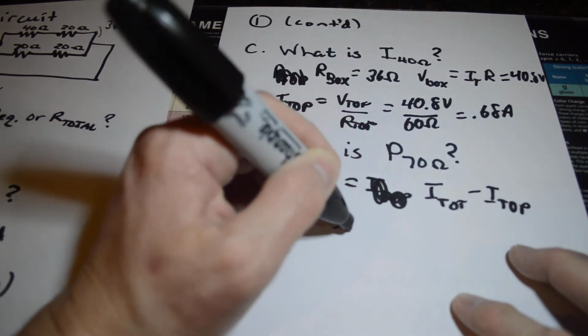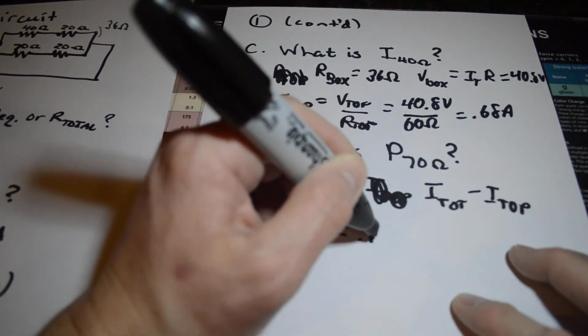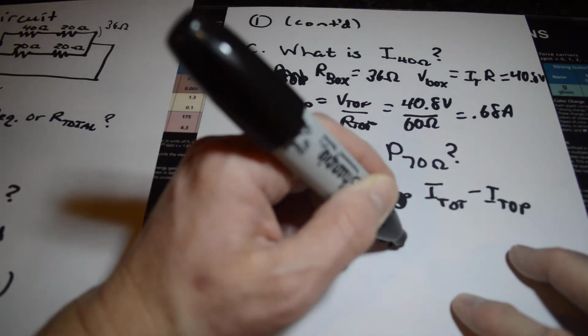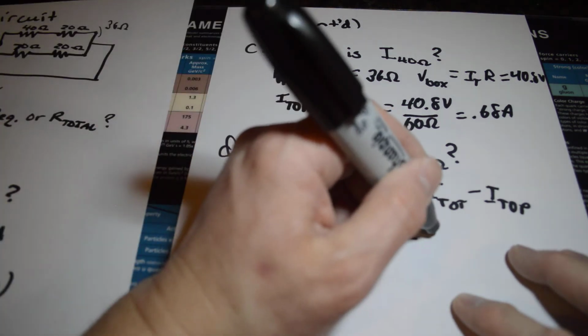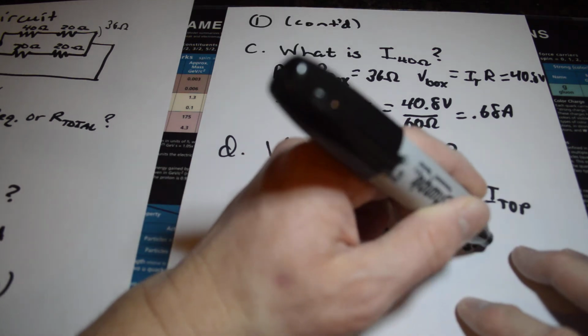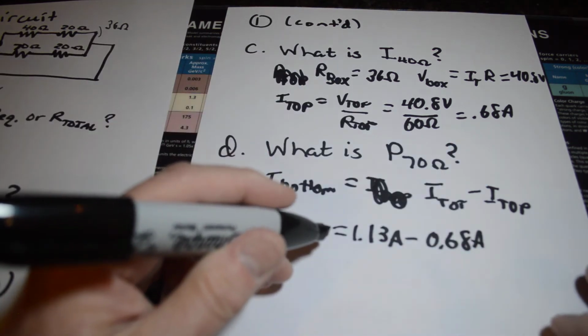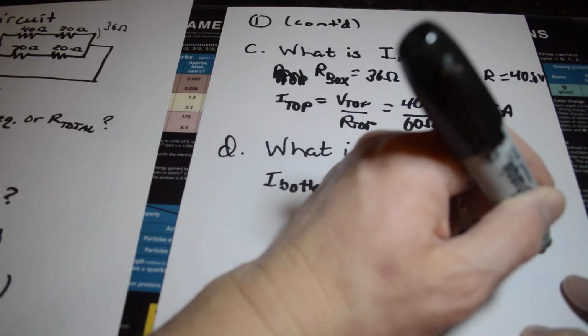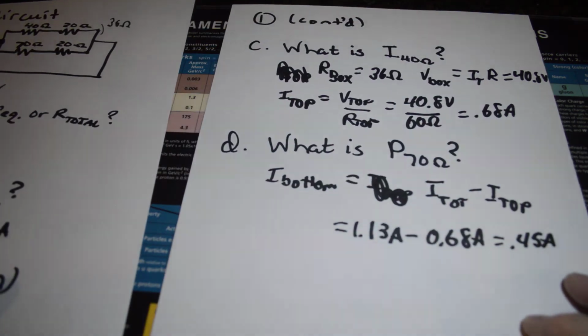So we said that the total current was 1.13 amps, and we're going to subtract from that 0.68 amps. And if you do, that's going to give you 0.45 amps as the current on the bottom.